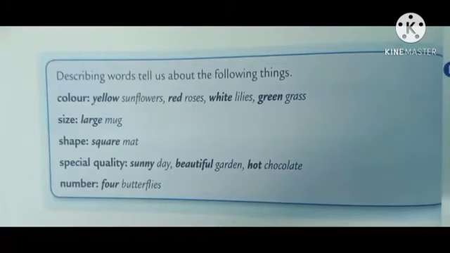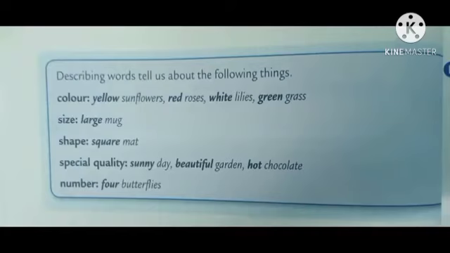Then it tells number. Four butterflies. So, describing words can tell us about the color, size, shape, special quality, and number of a noun. Okay, children, this you have to keep in mind. So, what do we get to know through these examples, children?